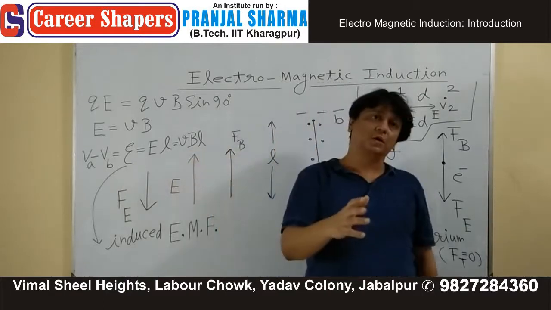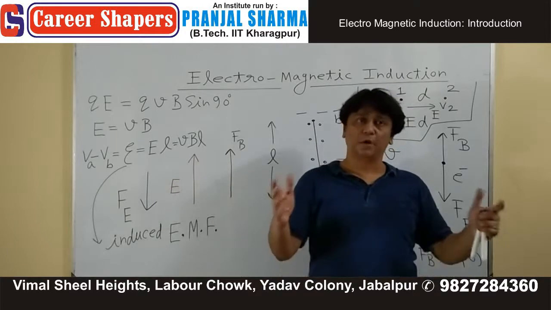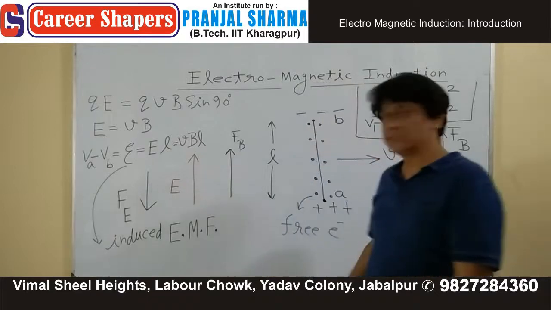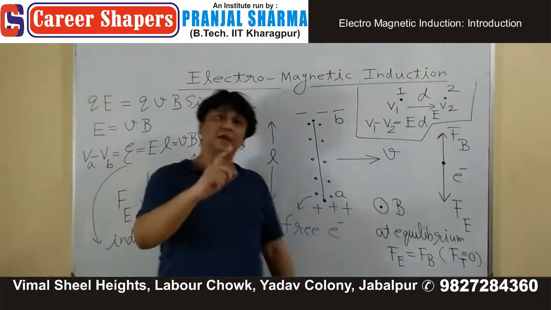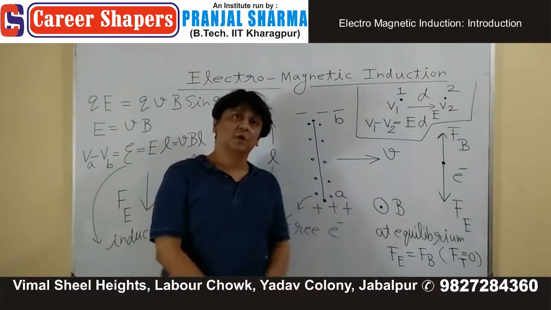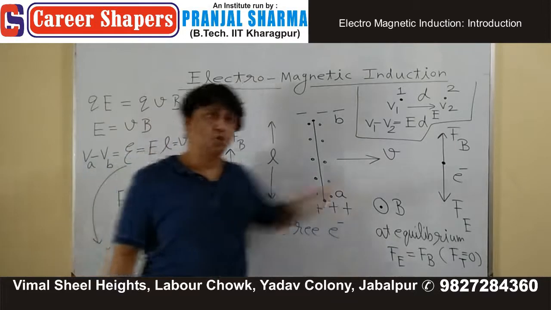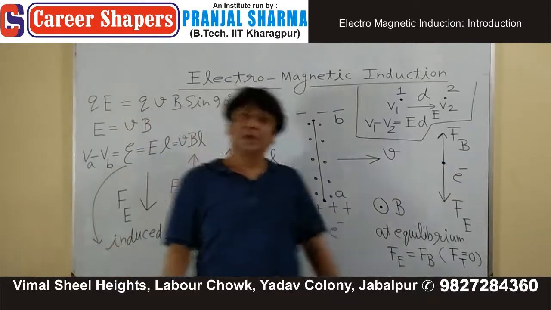So far we used a battery to develop potential difference. This time, instead of using a battery, instead of using chemical reactions, we are holding a rod and moving this rod in the presence of a magnetic field.